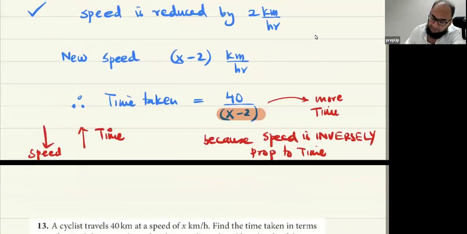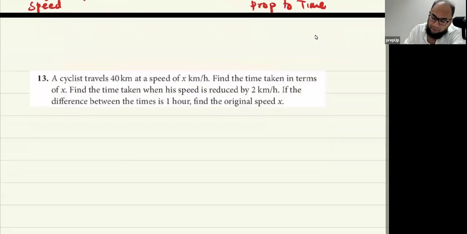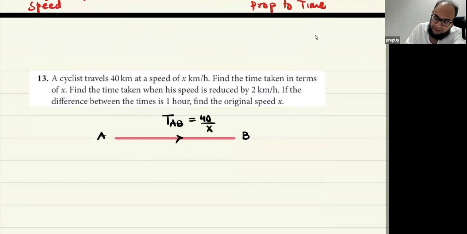Now this time, the red one, let's say the person is going from this point to this point. So this is A, this is B. The time going this way, time AB, is 40 over x. Let me write this thing, which I already did.